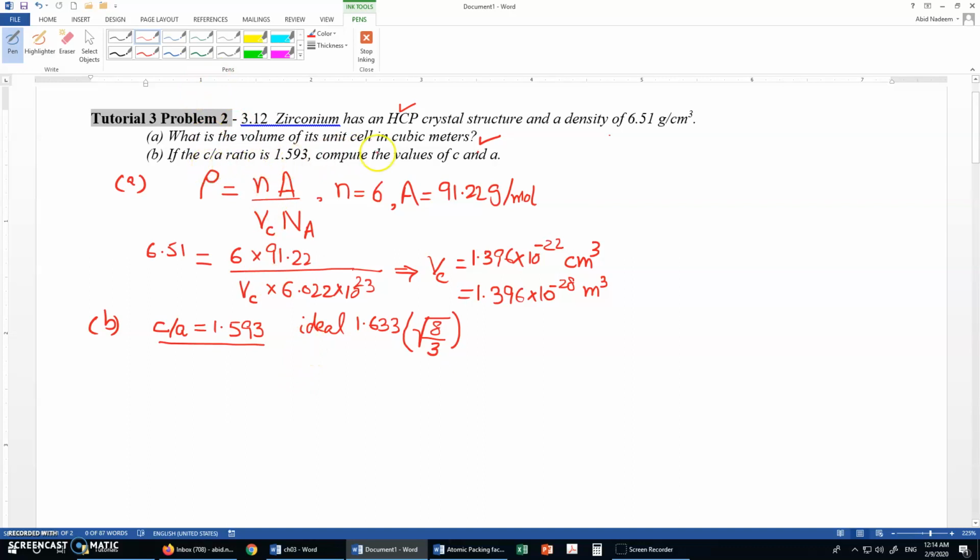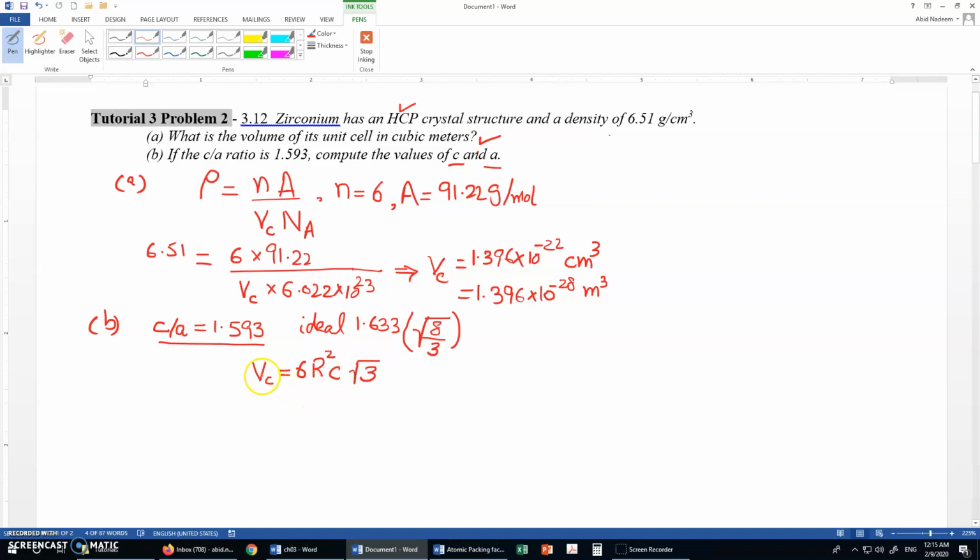What is asked is to find the values of C and A. For this we need to know that the volume of the unit cell for HCP has a specific relationship, which is equal to 6 R square C times the square root of 3.